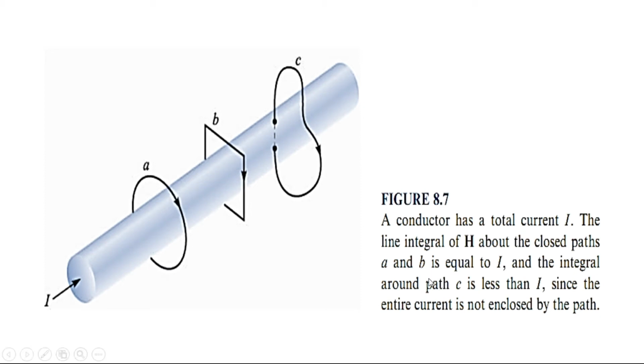So a conductor has a total current I. The line integral of the magnetic field intensity about the closed paths A and B is equal to I, and the integral around the path C is less than I, since the entire current is not enclosed by the path.